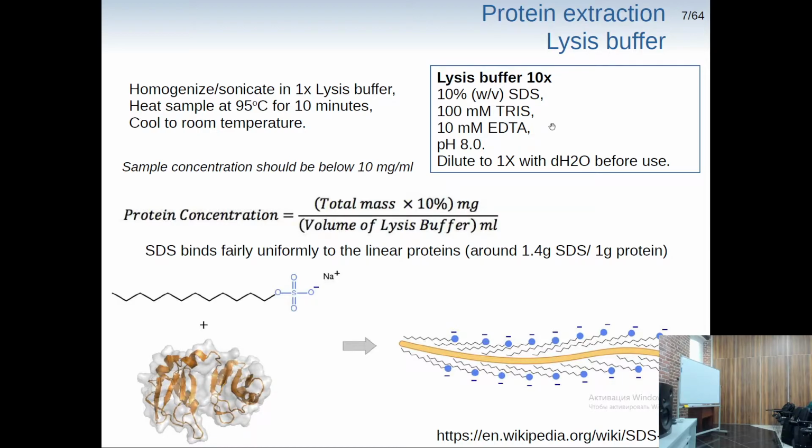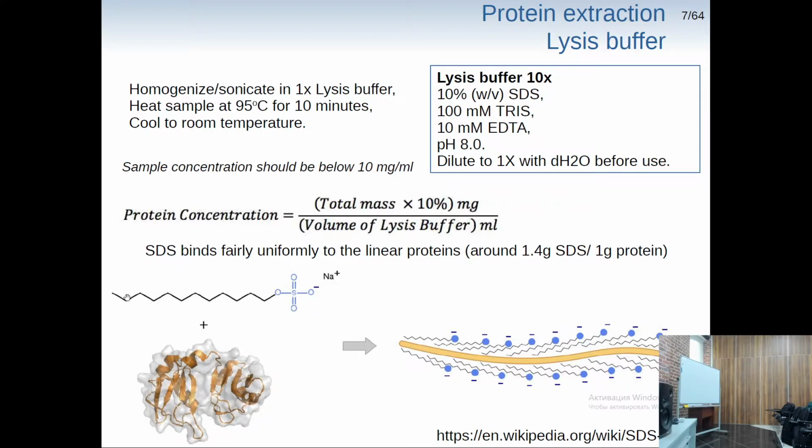With nucleic acids, this is not a problem because we have an additional charge for every base, right? But for protein, we have to somehow add something that will homogeneously add charge to these proteins. Since proteins have both hydrophilic and hydrophobic amino acids, we can use so-called sodium dodecyl sulfate, here as SDS.